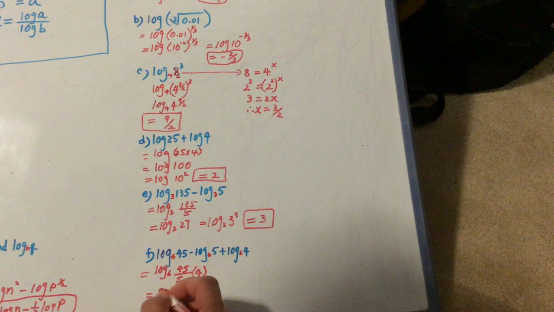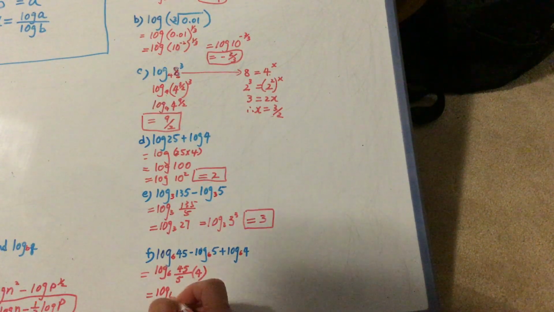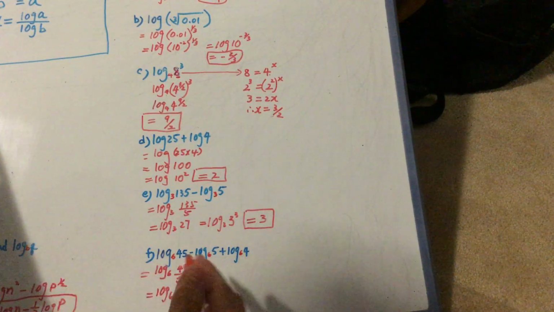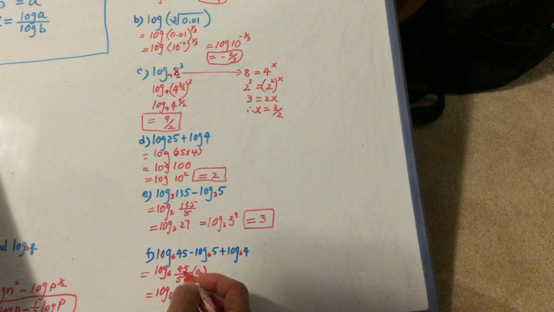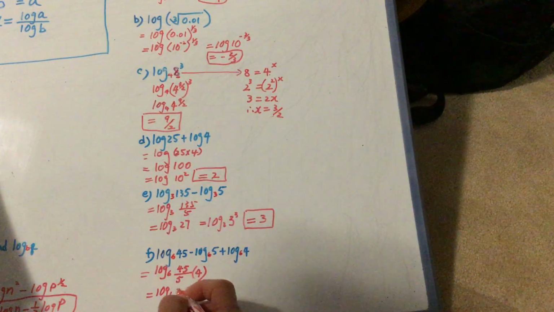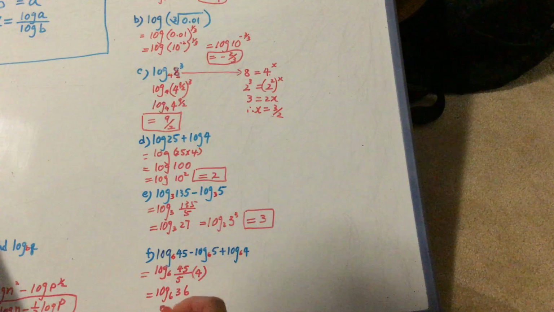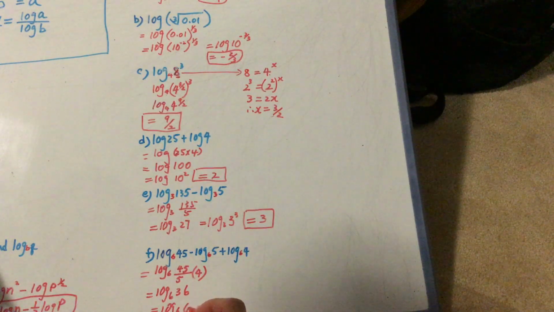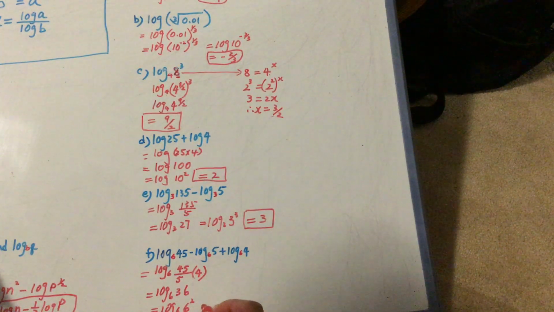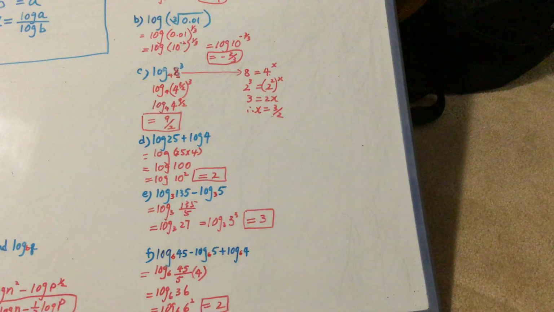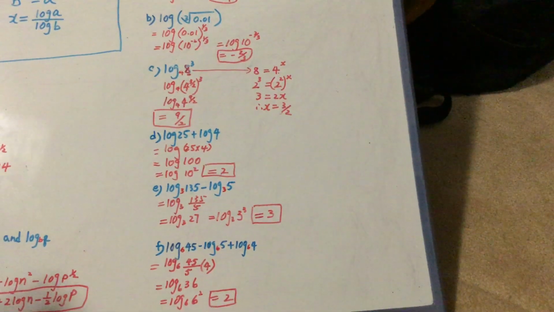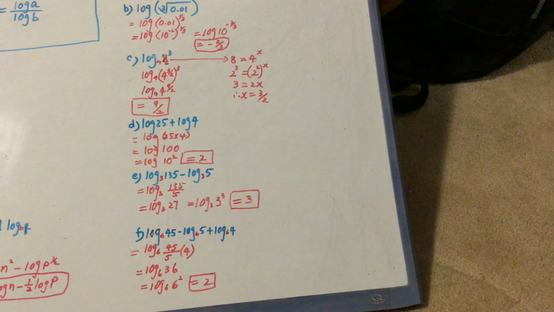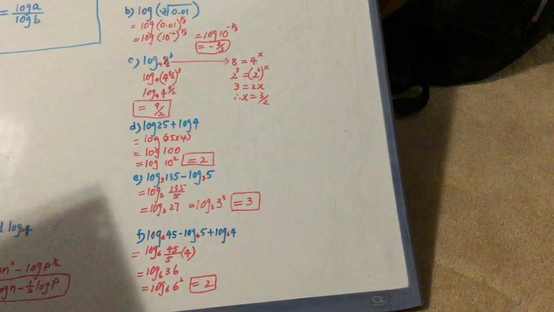When you simplify everything, you have the log 6 of, 45 divided by 5 is 9, 9 times 4 is 36. And you know that 36 can go into the same as base 6 with the 2. So finally your answer is going to be equal to 2. So that will be example number 4.